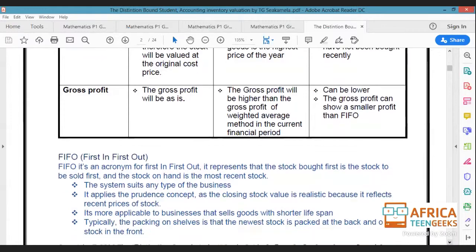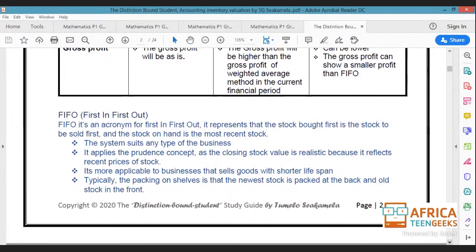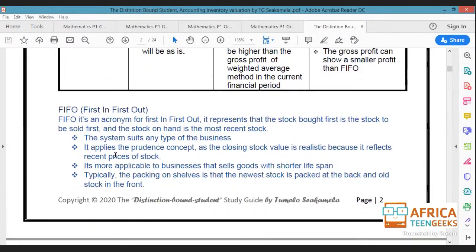Now, let's start with our FIFO for today. FIFO is an acronym for first in, first out, meaning the stock that is bought first will be the first one to be sold out. It represents that the stock bought first is the stock to be sold first. And the stock on hand is the most recent stock, right?